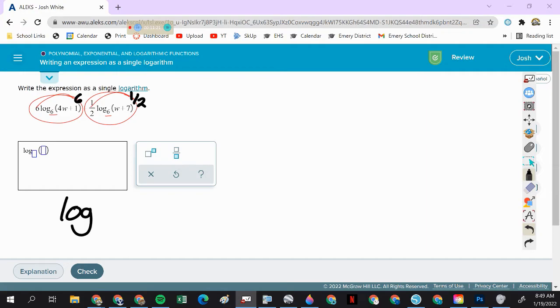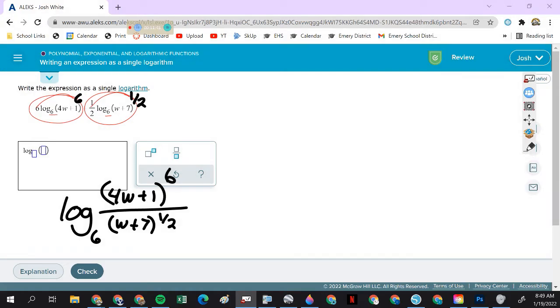Combined, they will be log base 6 of 4w plus 1 to the 6th over w plus 7 to the 1/2. And let's see, it might want you to use the square root. Let's take a look.